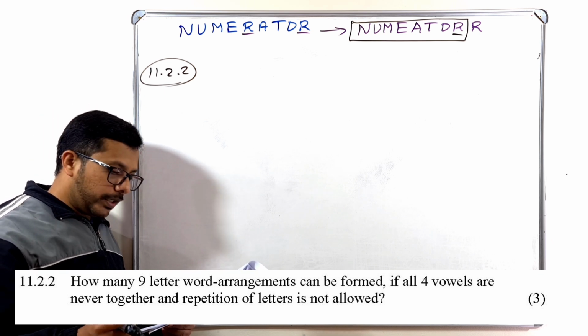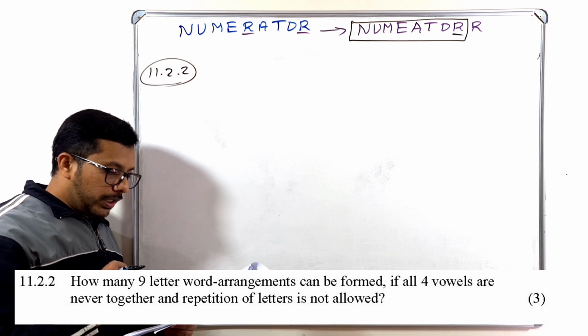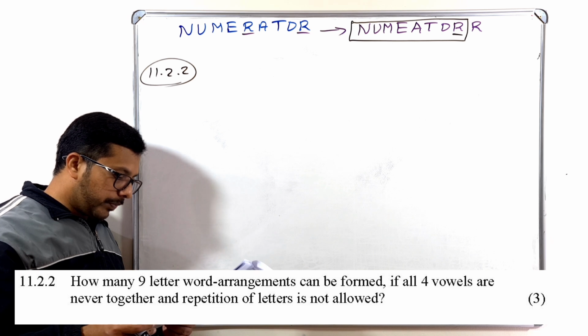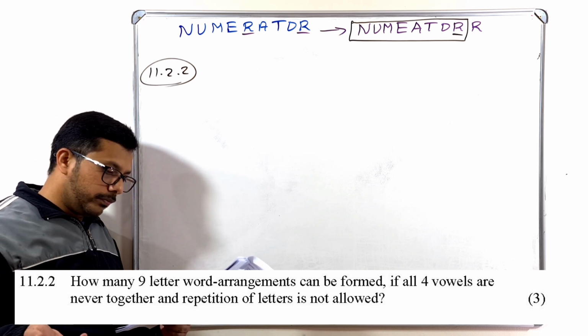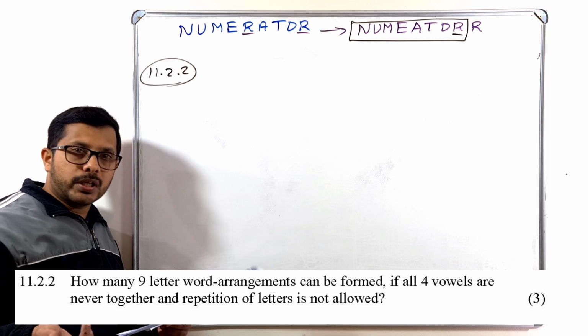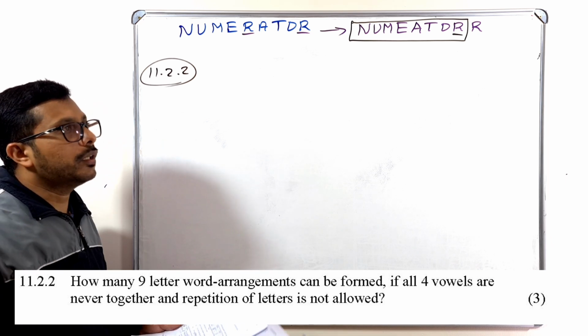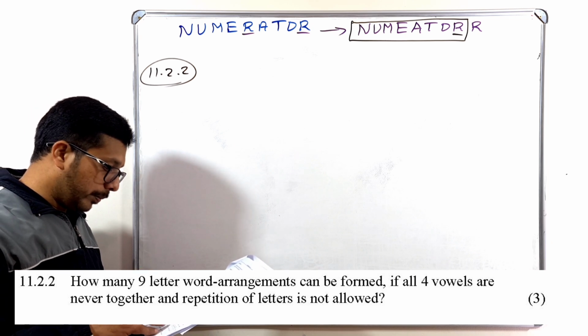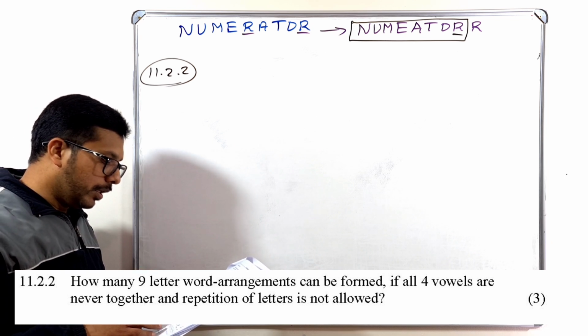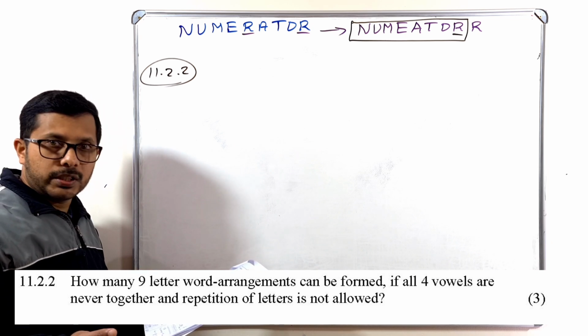Okay, so in this question also there are 9 letters, without repetition. First let's see, without the vowel condition, if vowels are never together and repetition of the letters is not allowed.